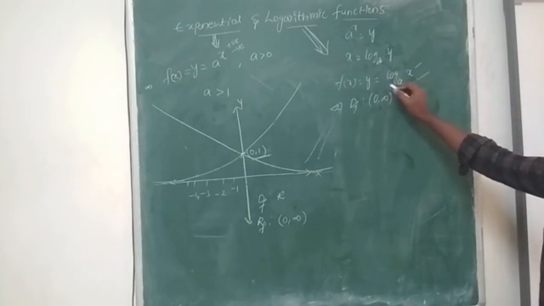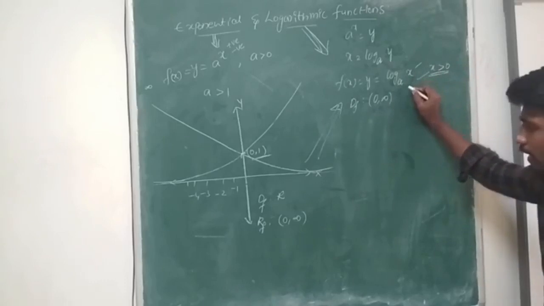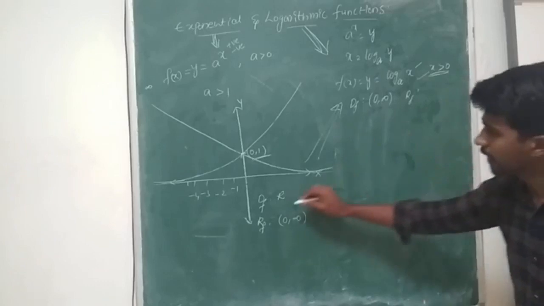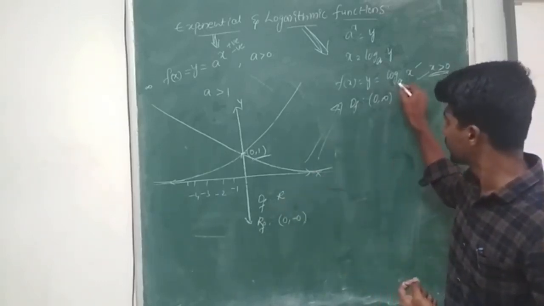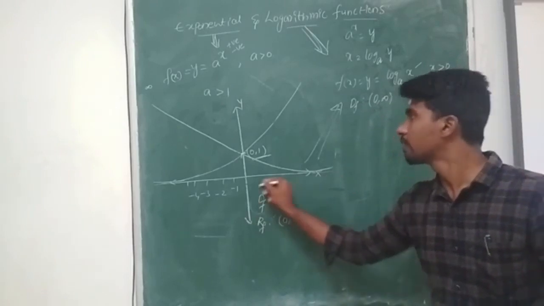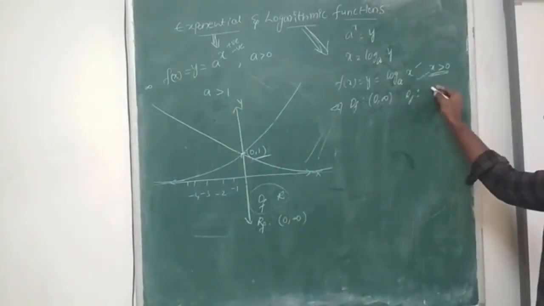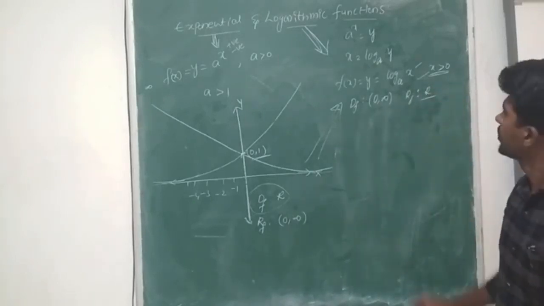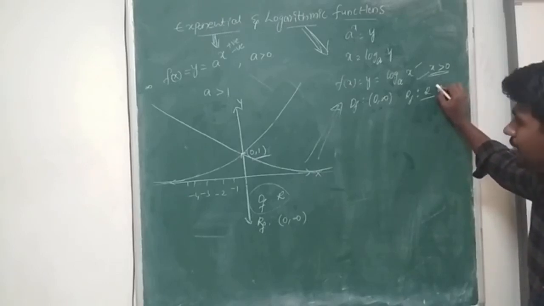So I have to mention log of x base a where x is greater than 0. Again, what is its range? The range of the log x function is nothing but the domain of the exponential function. What domain do we have? R. So the range of the function is all real numbers. So this is the logarithmic function, how it behaves.